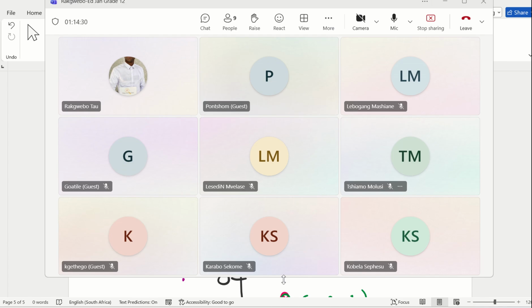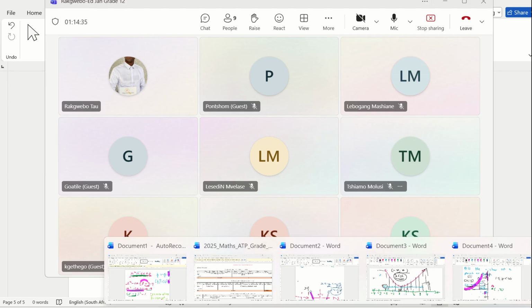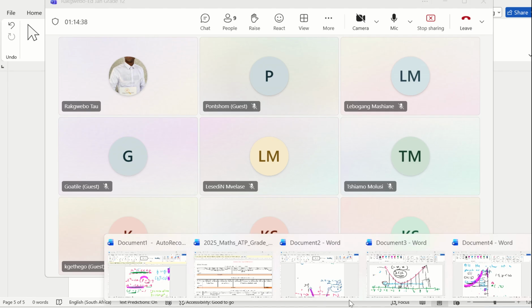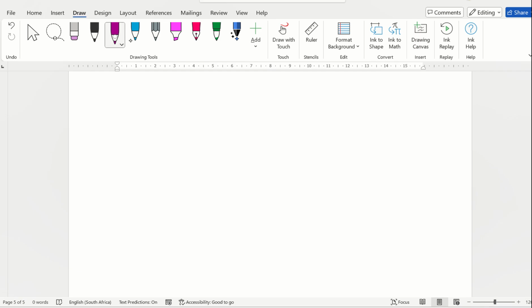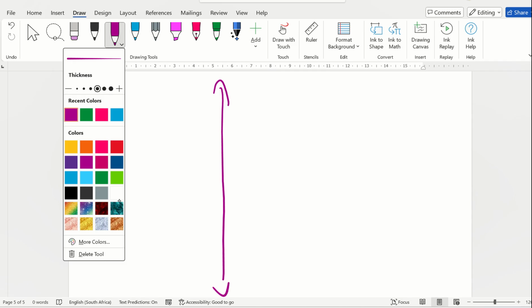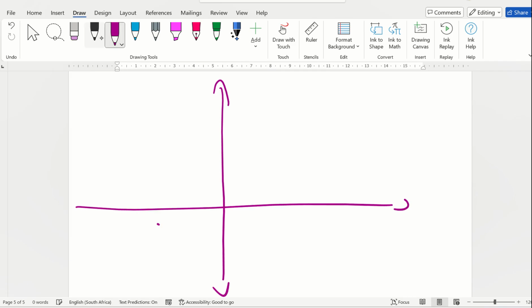Proper stuff. So you guys now understand domain and range. That is good. So let's quickly touch on something here, still on domain and range. I want you guys to find me the range of this graph. Let's call this graph A. The coordinates there are 2 and 5, and 1.